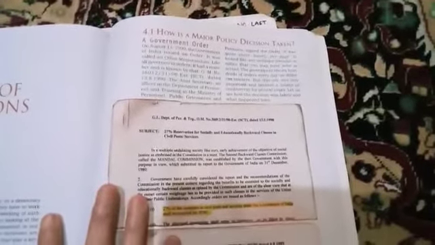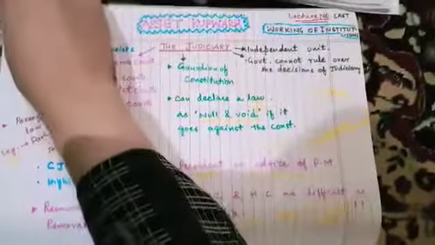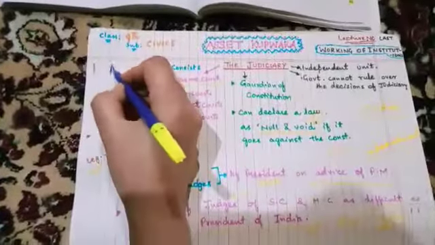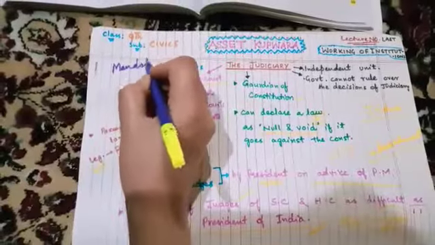When we started this unit, working of institutions, there was given an order, the government order. This was the official order of the government. Why was it given? It was the Mandal Commission. You will read it thoroughly in your book.